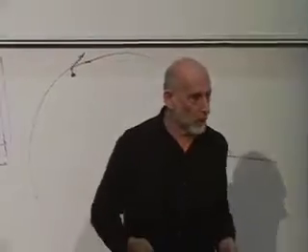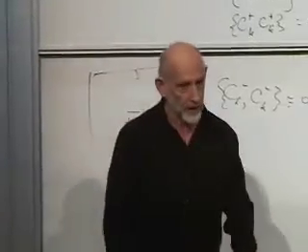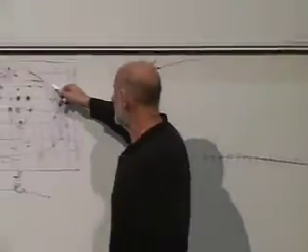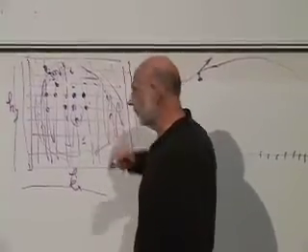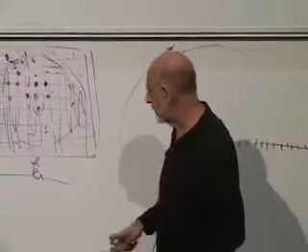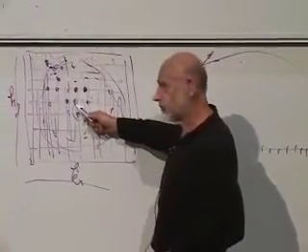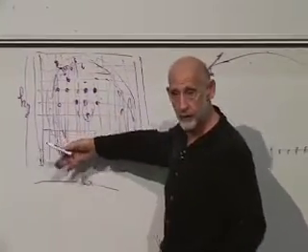Now a photon comes along and hits an electron and kicks it up into an excited state. Photon comes along, hits an electron just below the Fermi surface and kicks it up just above the Fermi surface. It's a low energy photon, so it doesn't have much energy. It can't take an electron from the center here and bring it to the outside. That would take a lot of energy.